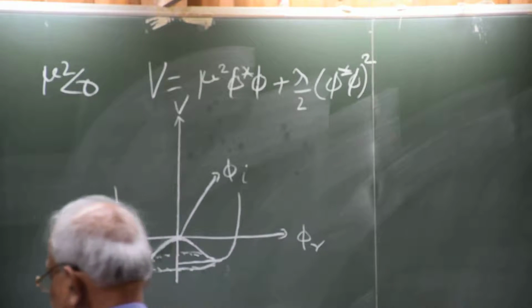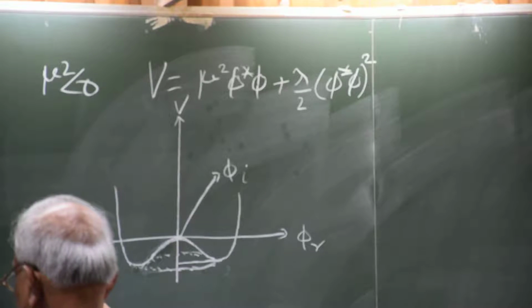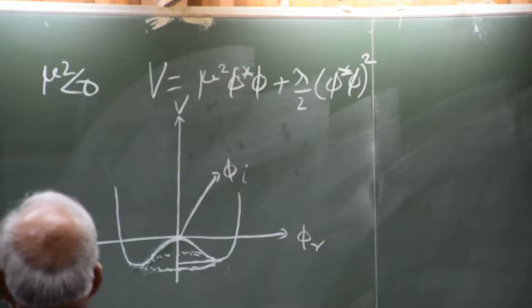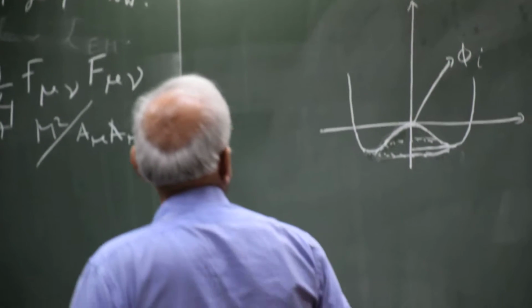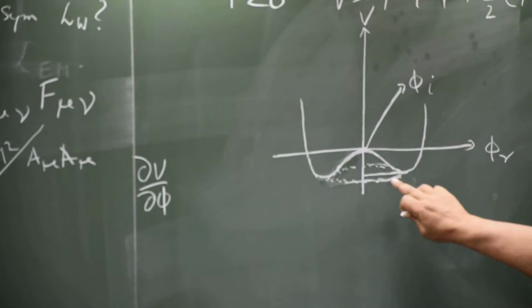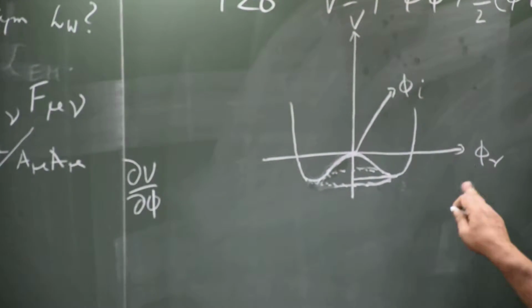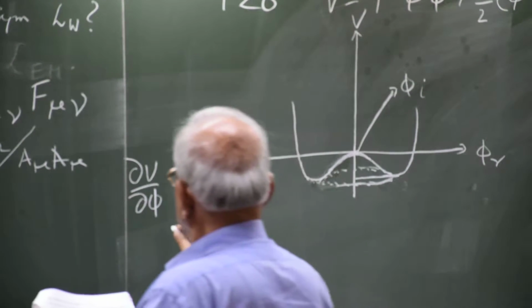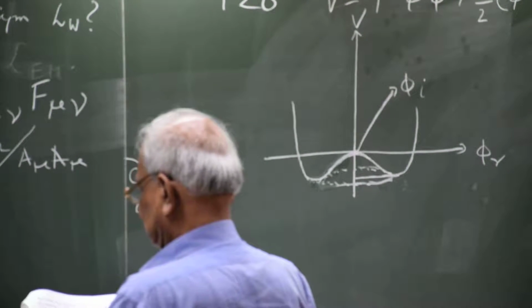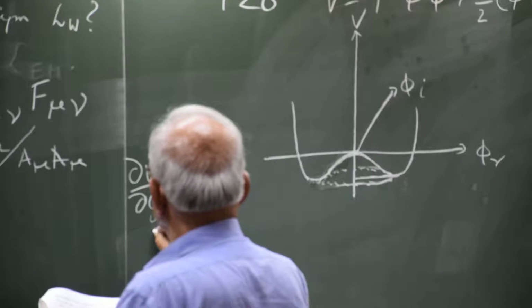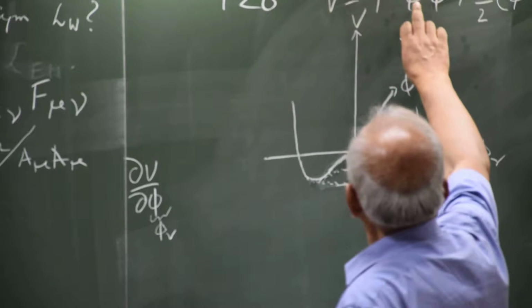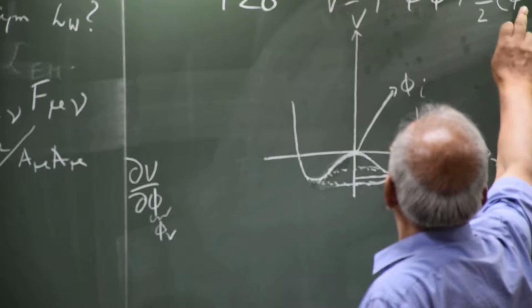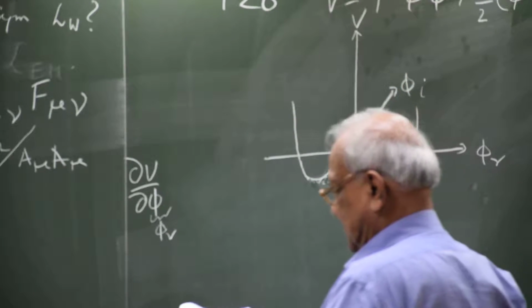So if I look at the first derivative, I am taking derivative along the real axis. Okay? So this phi, I am taking along phi r. So this is phi r square, this will be phi r to the power 4.